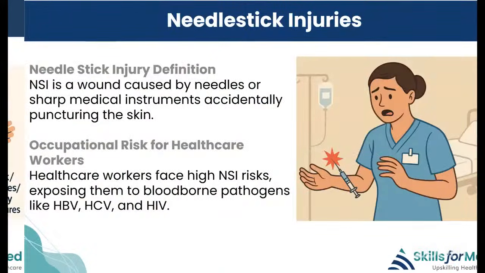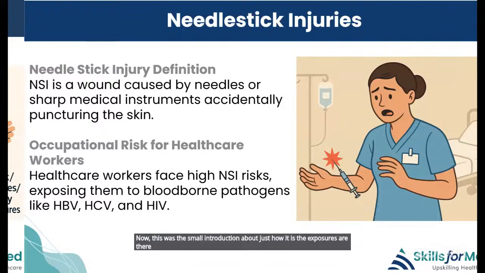Now, this was a small introduction about how exposures happen. For every exposure, what is important is to follow your universal precaution, contact precaution, respiratory precaution, airborne precaution, and droplet precaution.